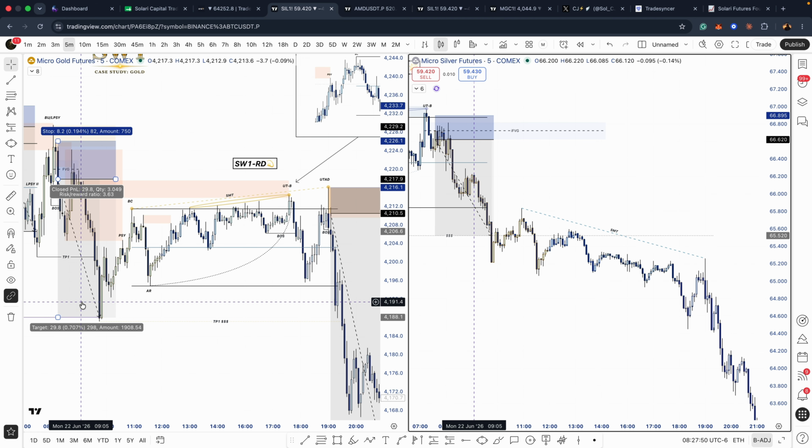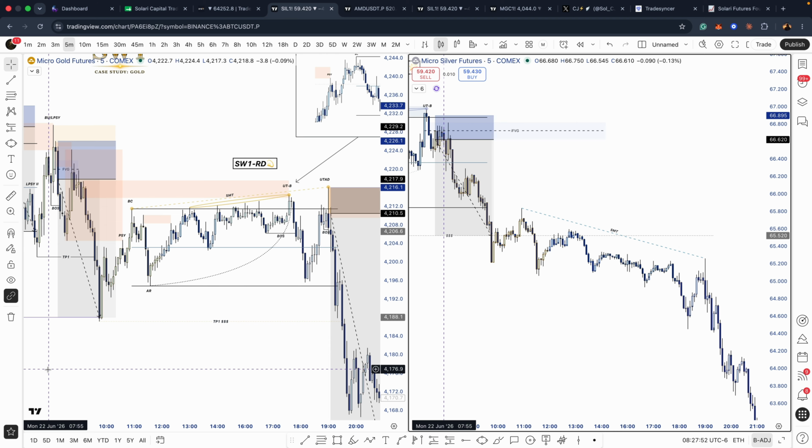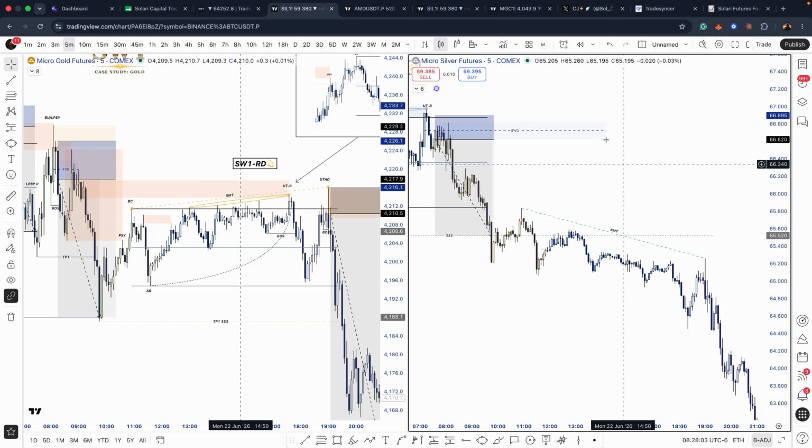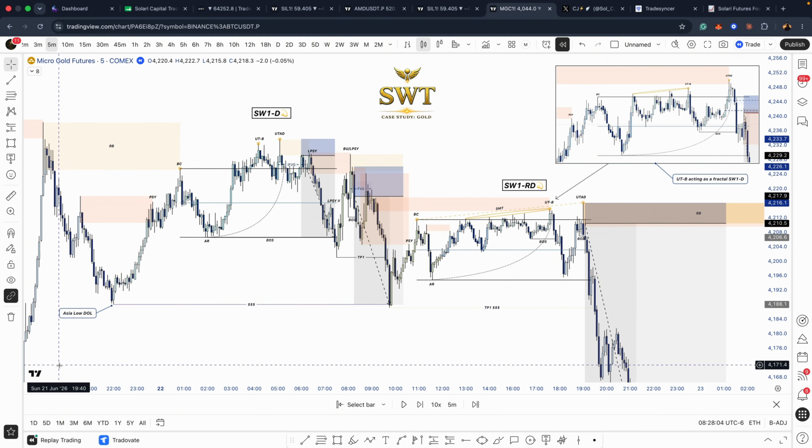Glad that we were able to include silver in the video, because these are correlated pairs. They do work together, and so they will get SMT divergences, and that can help us to trade each one better. So, all right, guys, that will wrap up our case study, our SWT case study on gold here.